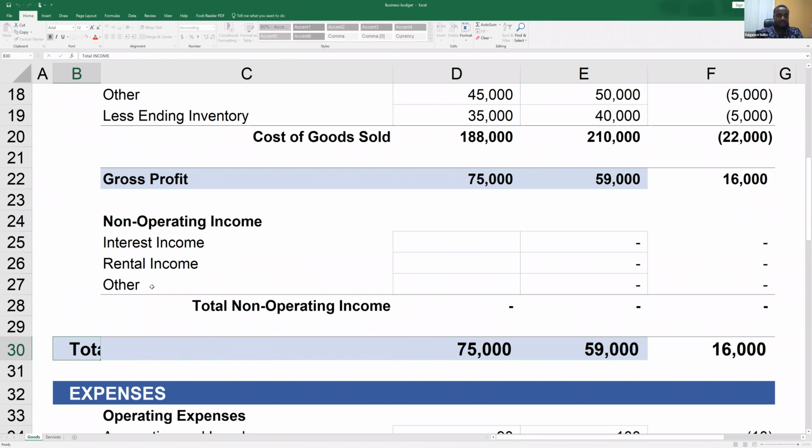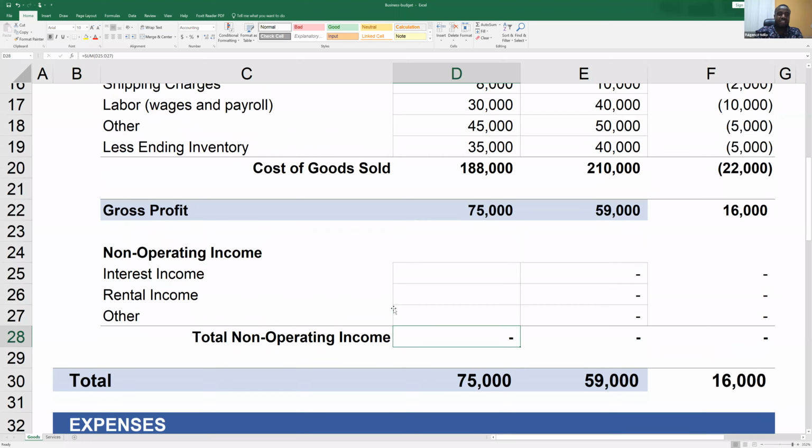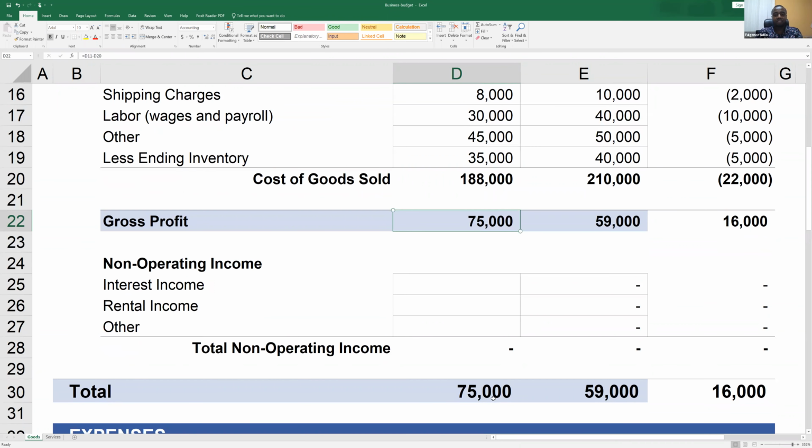This one I'll correct, because this one is total non-operating income. This one is total. Yes, total. So it's basically this one and the gross profit and the other income, right?